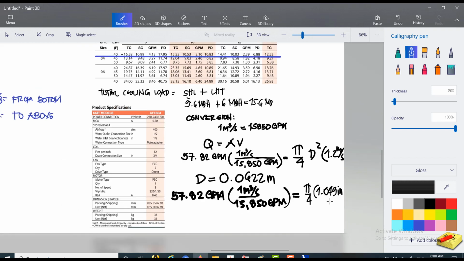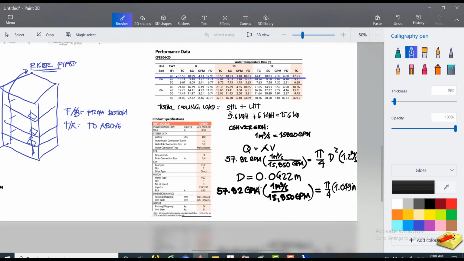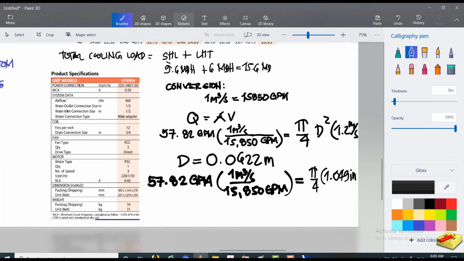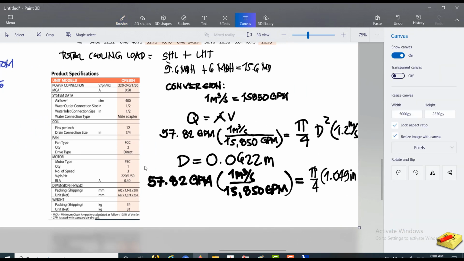So we have to convert that one. Okay, let's transfer this one.